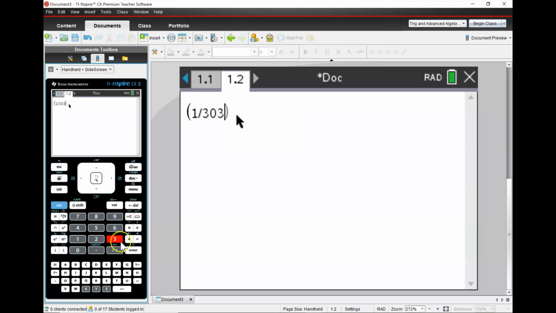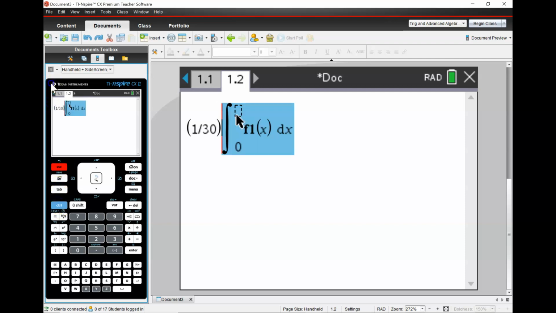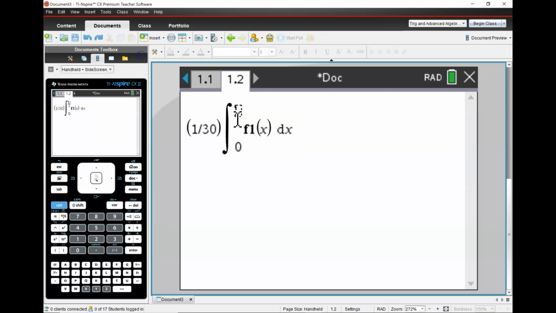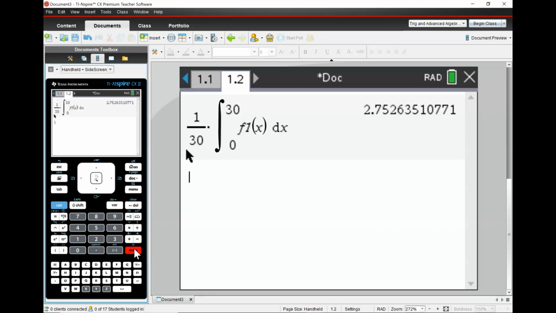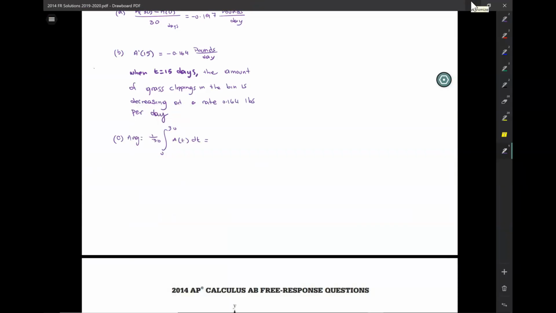All right, it got deleted. Oh, it came back. You could do control Z, it undoes it. So 3, 0, and that's that value. So I'll say this is equal to 2.75264.